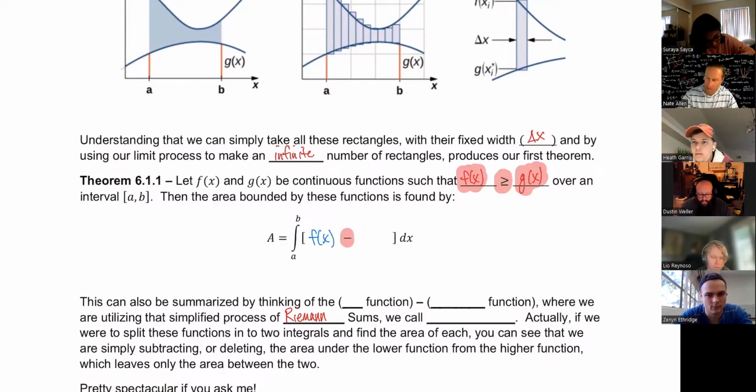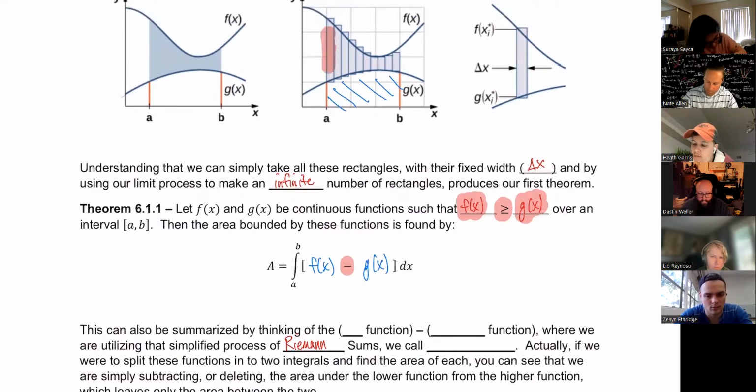We will take the bigger and subtract the smaller so that we get rid of that bottom part and are only left with the area between that we wanted.